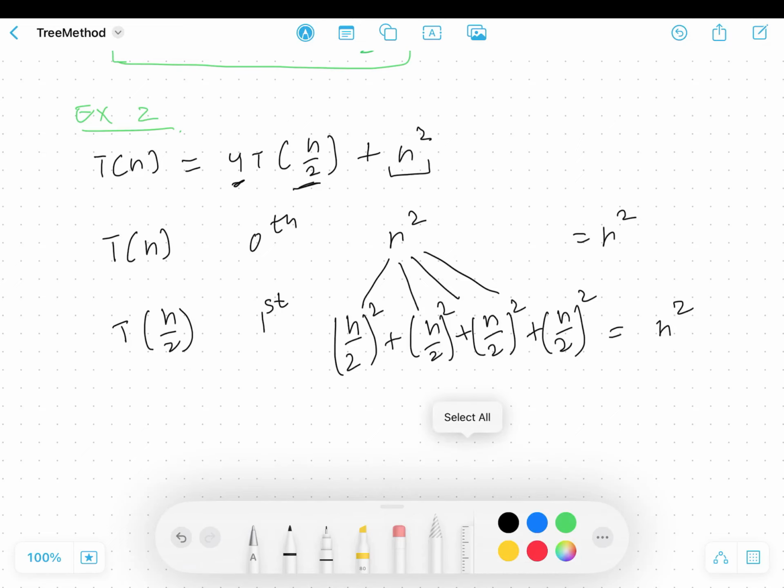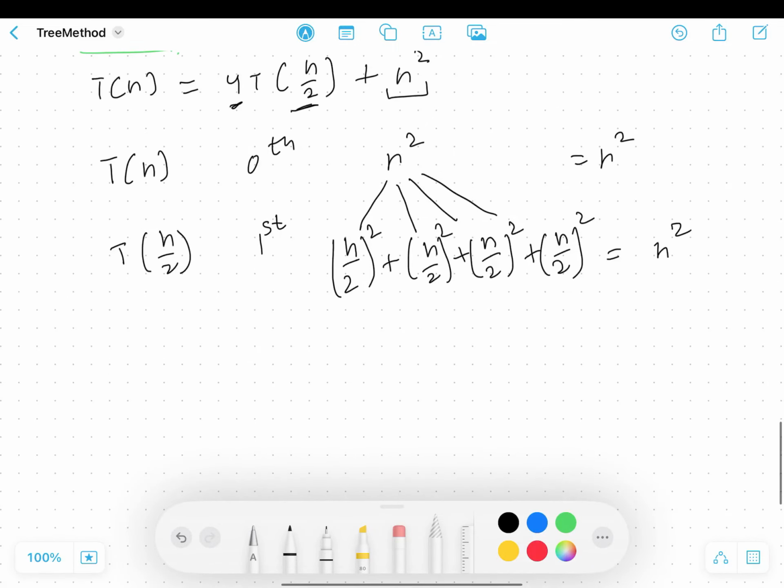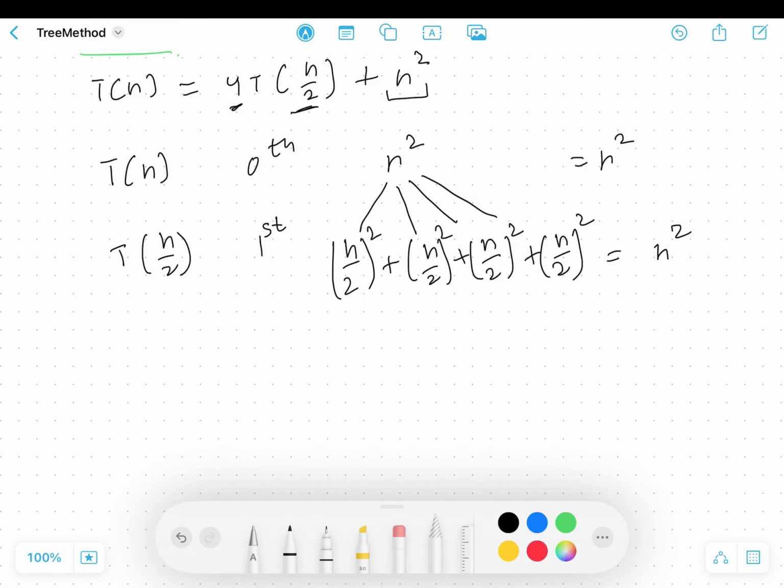Okay. Let's move on to the next level and divide n further by 2. So this will be, okay, right?